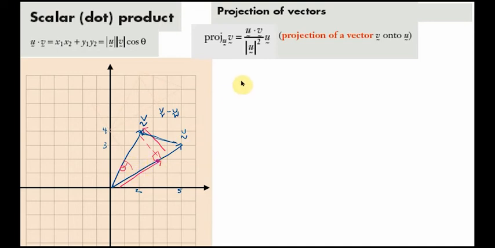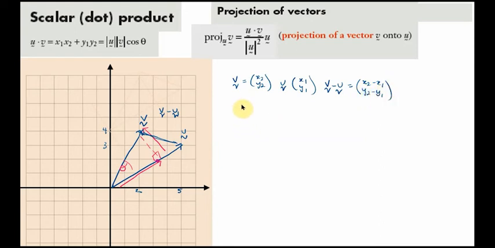So let's do that. In general terms, we'll call v x2, y2, and we'll call u x1, y1, so that v minus u equals x2 minus x1, y2 minus y1.